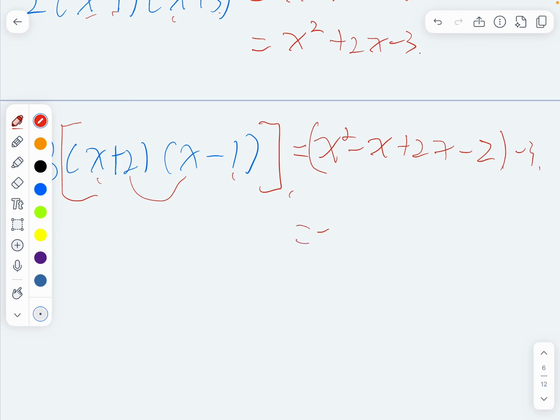It's going to be, for this time we can write out just 4 times x. So the final answer is negative 3 times x squared minus 3x plus 6.